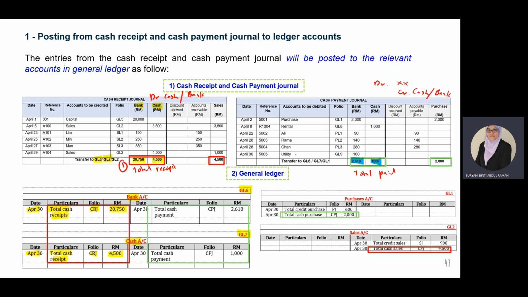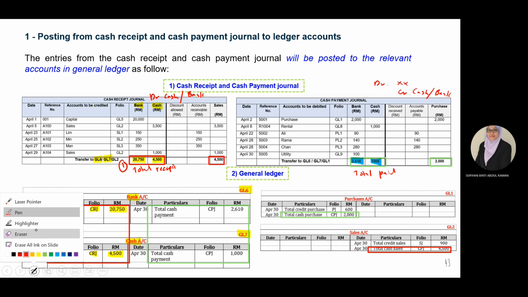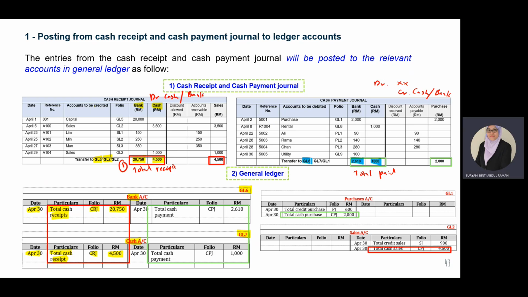So we will transfer to GL6 first. GL6, bank account we already opened. So what we do is we just update the total payment. And then GL7, we already opened GL7 also. So you just update the total cash payment.